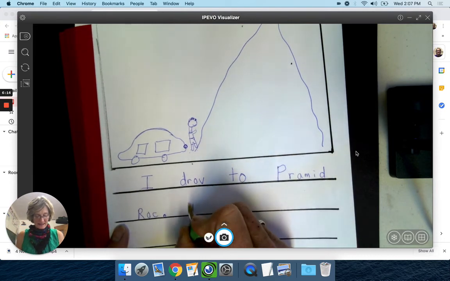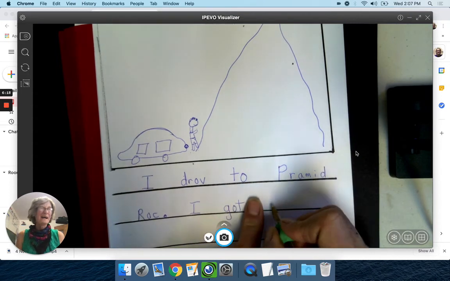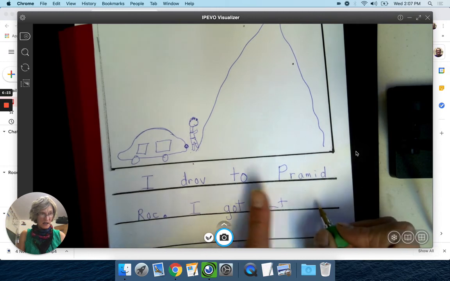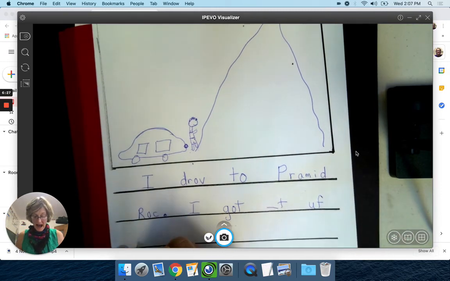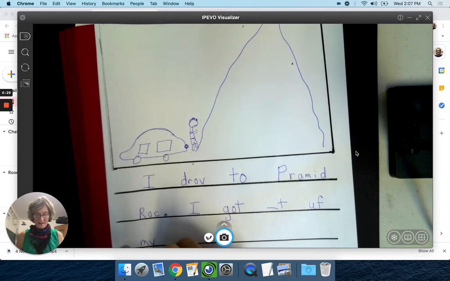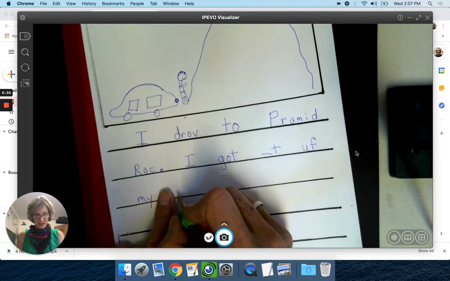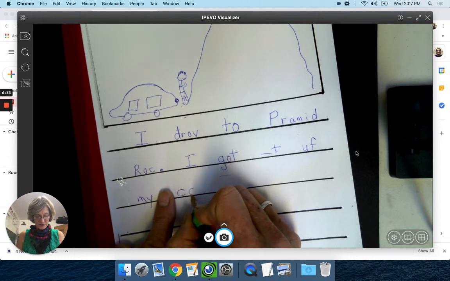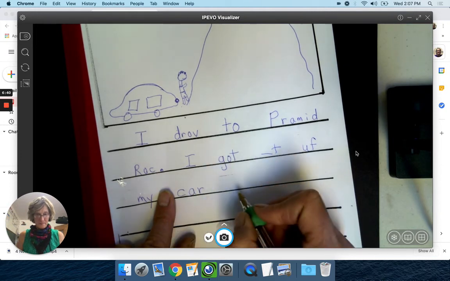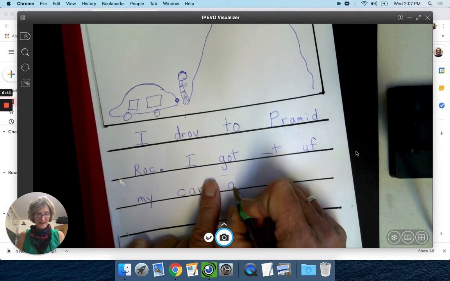I space got, space ow. Oh, I still didn't learn out. Space of, my. I think I've learned that word. I've read it so many times. Out of my car. Car. And I've seen that word a lot too, and I can hear the sounds.